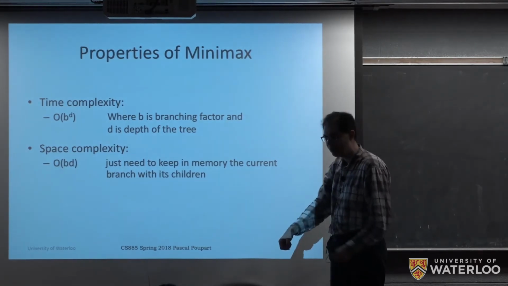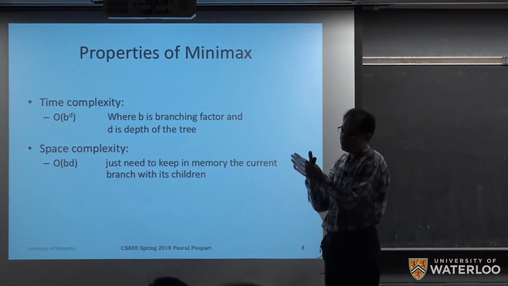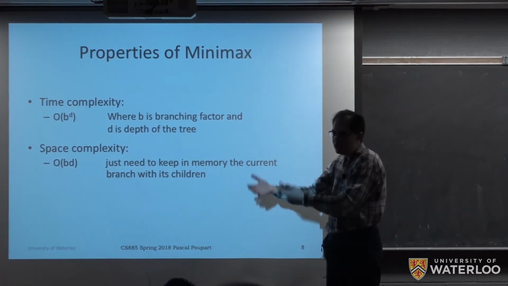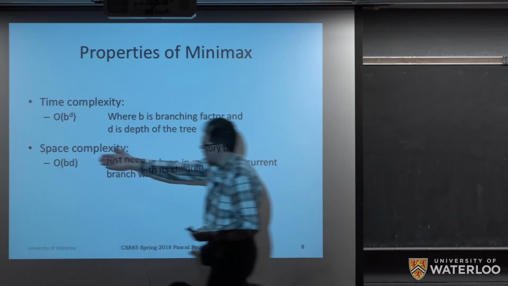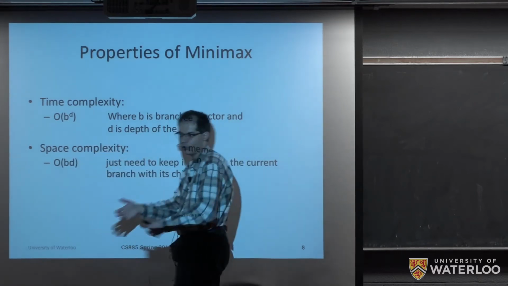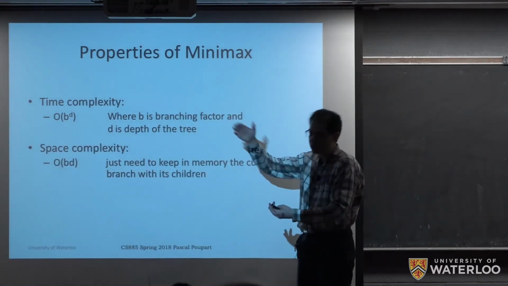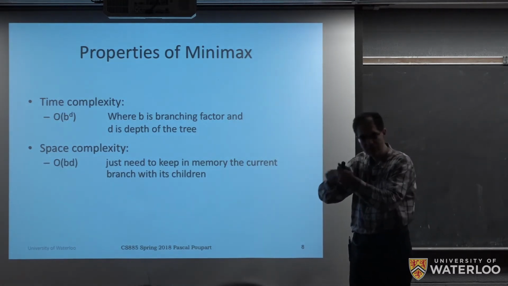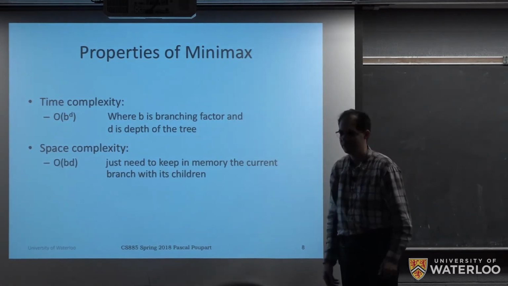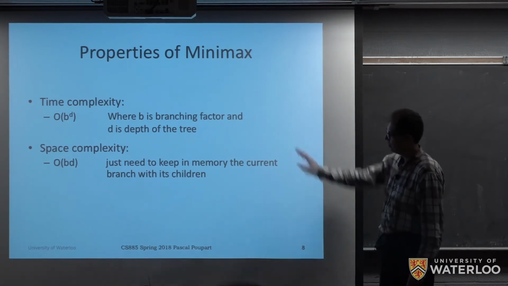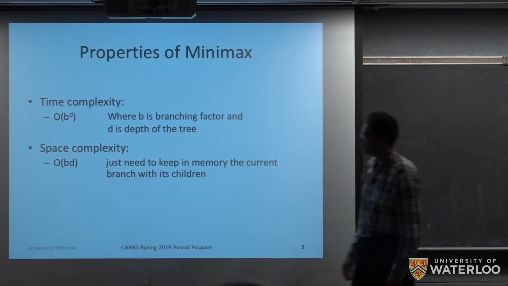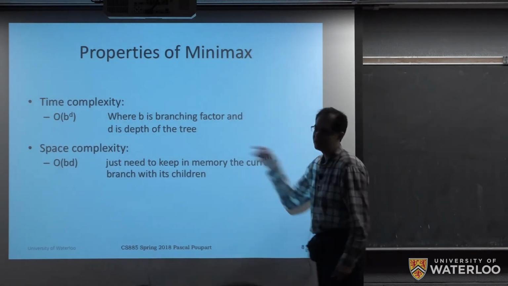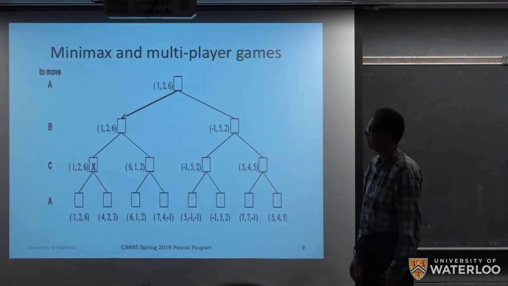And then for that branch, we're going to need to keep track as well of all the children of each node. That's why it's the depth times the branching factor, because for each node in that branch, we need to remember which children we've already visited and which ones we still have to visit. Okay, so space complexity is not too bad. The problem is time complexity. So this is not going to scale.